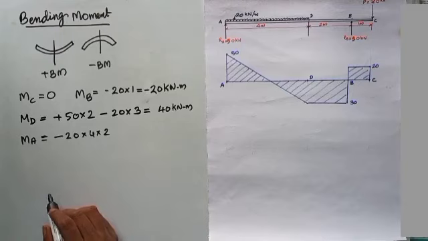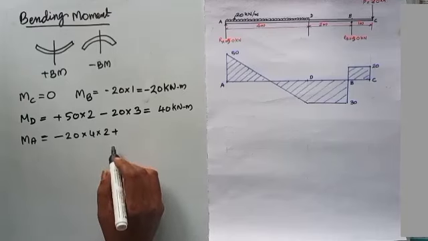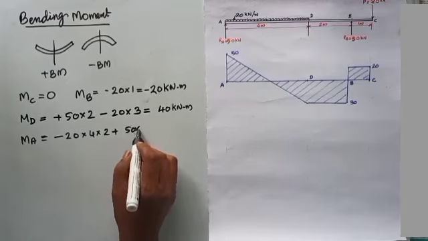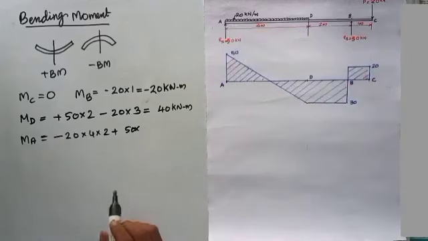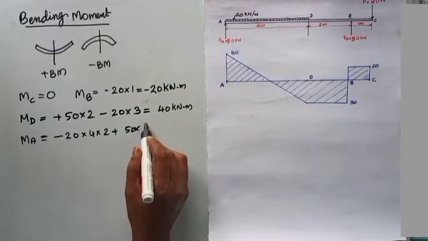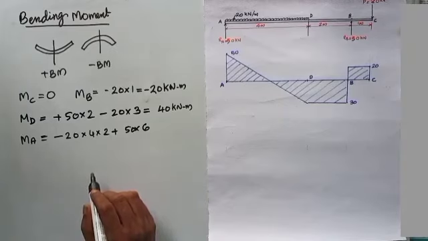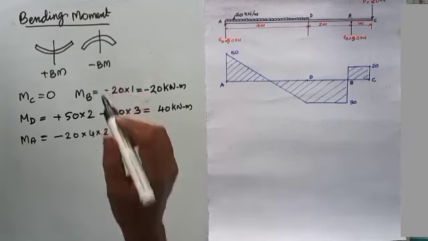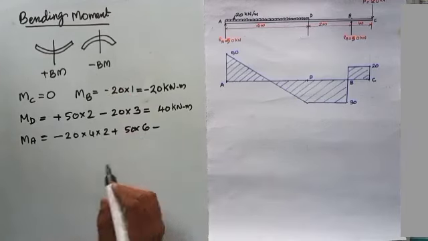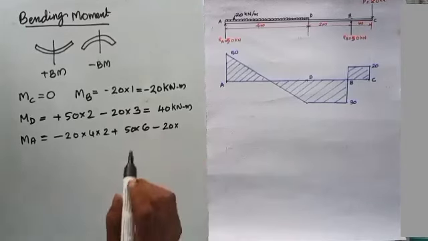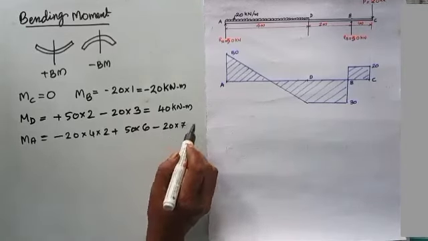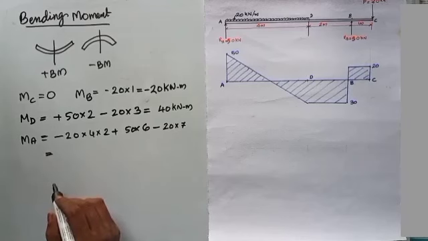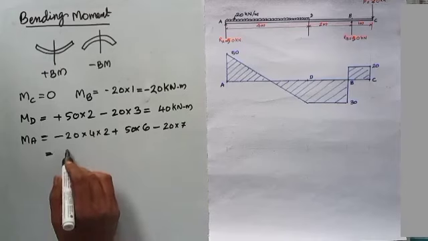Then consider RB. RB is acting right upwards, it will be positive, then plus RB. The value of RB is 50 into distance between A and B, which is 6. Then comes 20. 20 is acting downwards right, meaning again minus 20 into 7. Simplifying, bending moment at A we get 0.